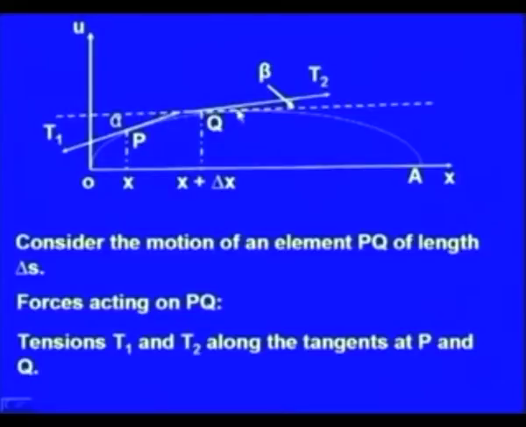Along the y axis, we have m Δs, the mass of the element PQ, into ∂²u/∂t². The vertical component of T2 will be T2 sin β, while the vertical component of T1 will be T1 sin α. So, T2 sin β minus T1 sin α.